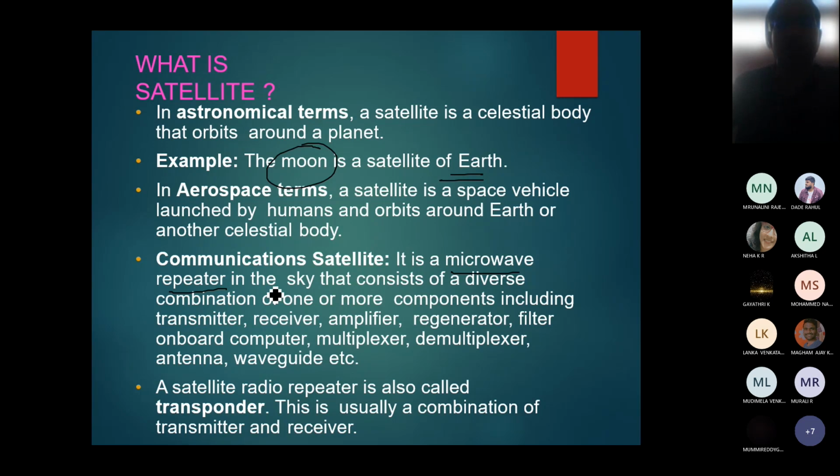So a satellite is such a microwave repeater, located in space, and it consists of different components like transmitter, receiver, amplifier, regenerator, filter, multiplexer, demultiplexer, as well as antennas. Hence a satellite is a radio repeater, which is called a transponder. A transponder is nothing but the combination of transmitter and receiver.